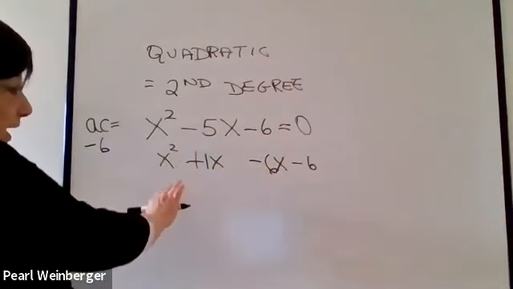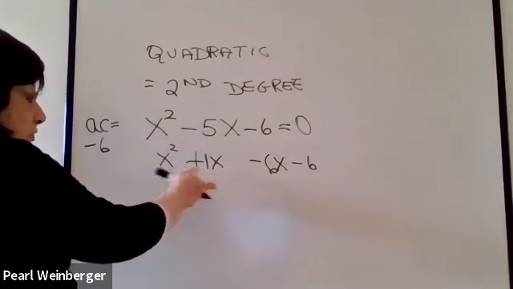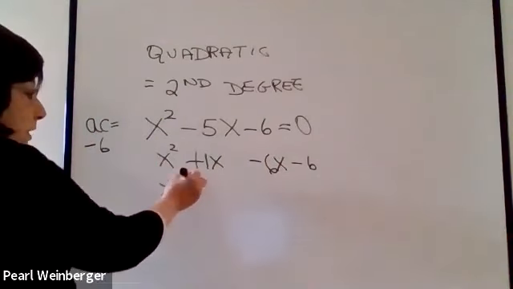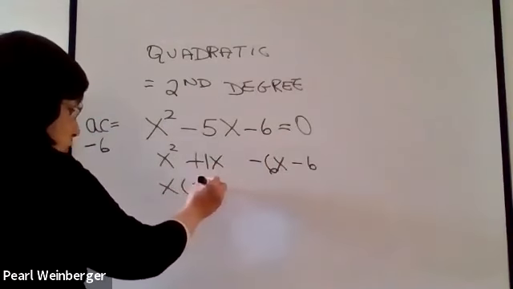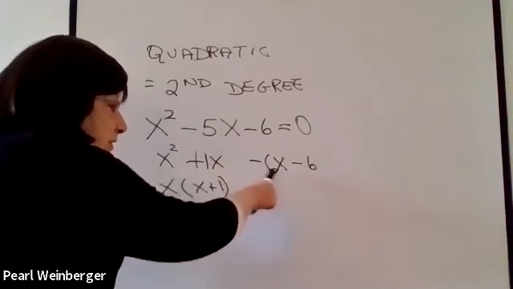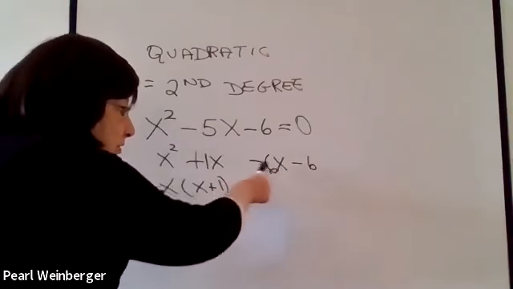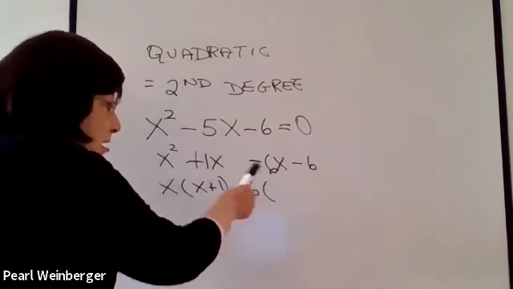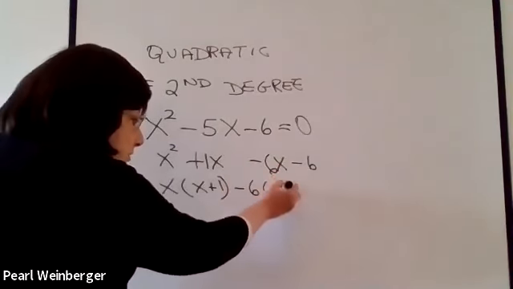And I finish factoring. X squared plus 1x has a common factor of x, so this becomes x plus 1. And negative 6x minus 6 has a common factor, well, 6, but it has to start with a negative, so it's negative 6. Negative 6 into negative 6x is x.